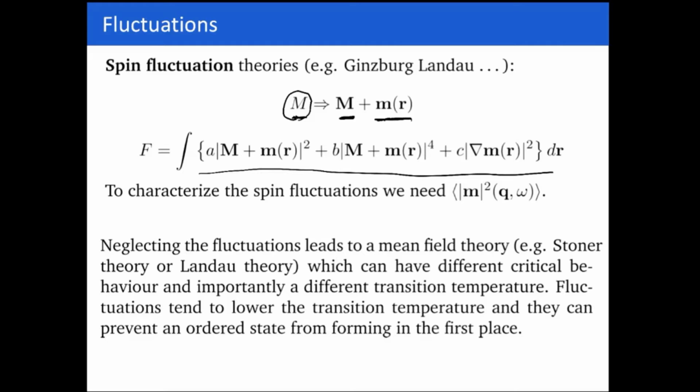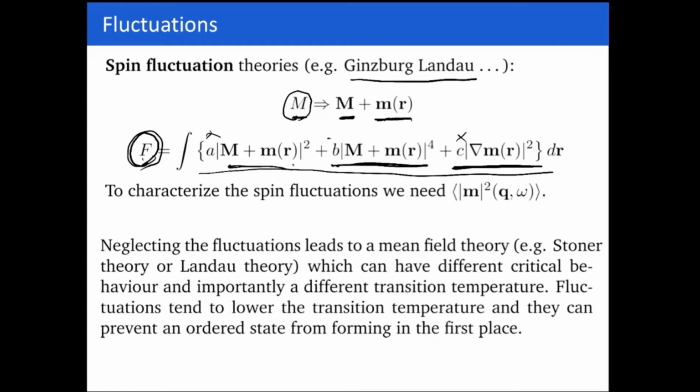For example, this is a simple form for the Ginzburg-Landau free energy. We consider these three terms: the moment squared, the moment to the fourth power, and the gradient of the moment in space. Then we have our coefficients, this time A, B, and C, and basically we integrate or average over space these different contributions.